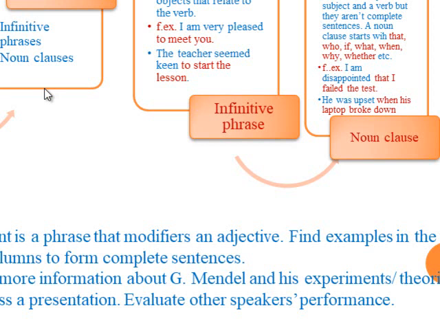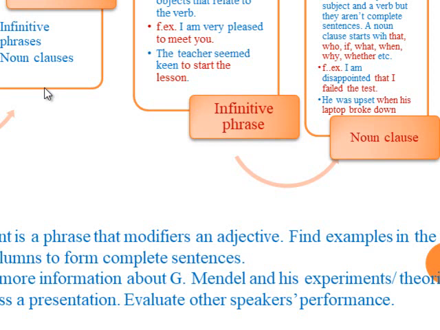Infinitive phrases consist of to plus the base form of the verb and any modifiers or objects that relate to the verb. For example, I'm very pleased to meet you. To meet you is an infinitive phrase. The teacher seemed keen to start the lesson. To start the lesson is an infinitive phrase.